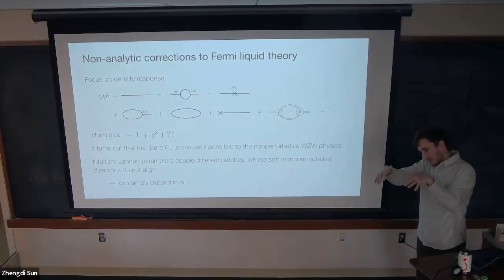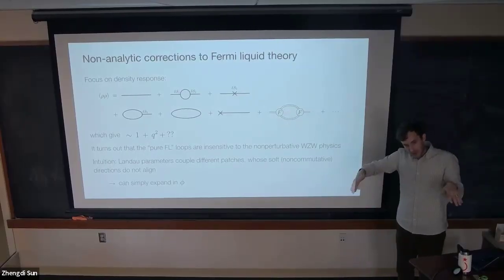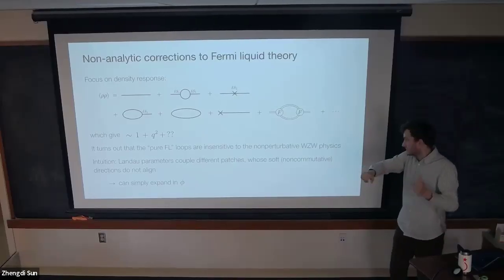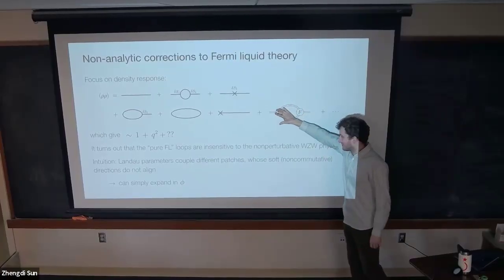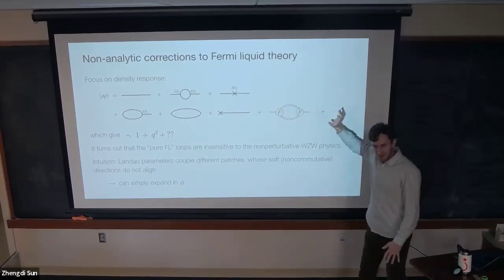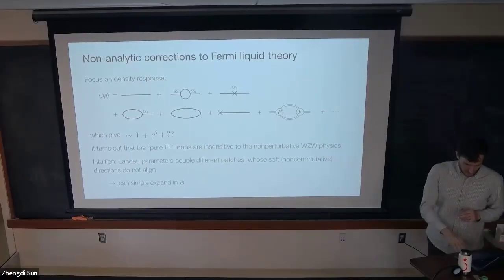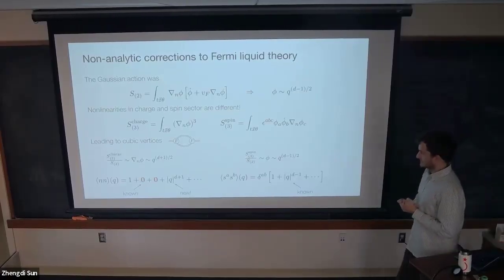And so it makes these loops much better behaved because all directions now cost energy. This direction costs energy, this direction costs energy. And so you can actually expand in fields. The model becomes perturbative. These diagrams are perturbative for some reason. So you can really just expand in this phi field. And because of this, getting the scaling of these effects is very simple.